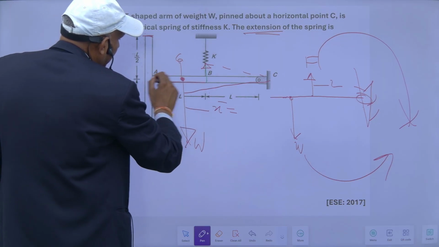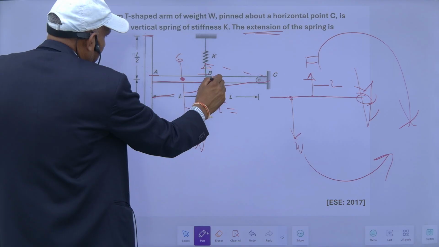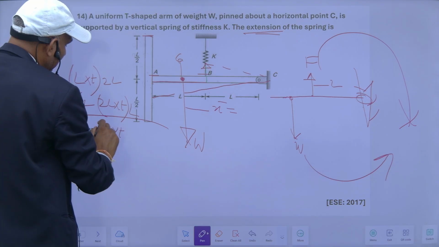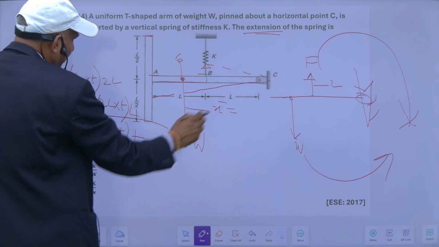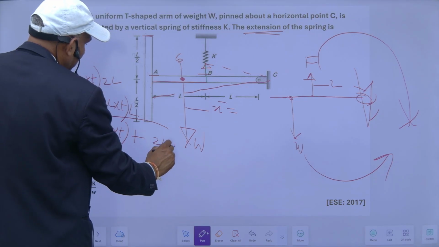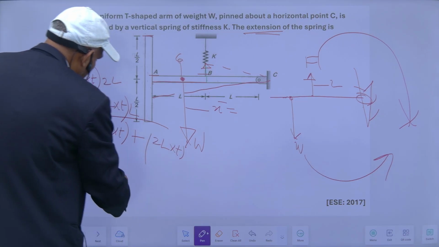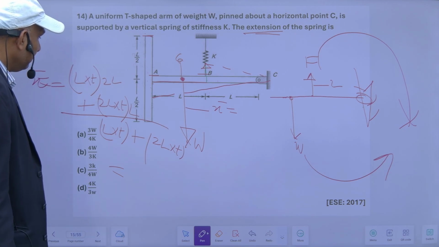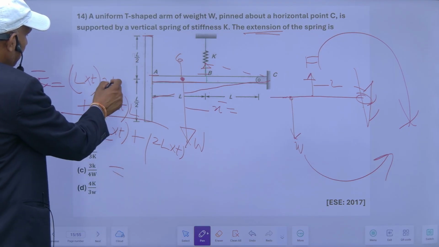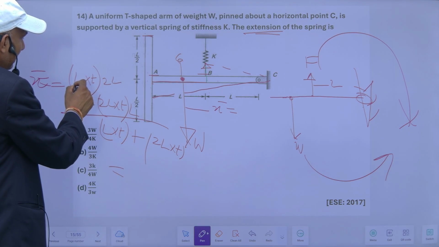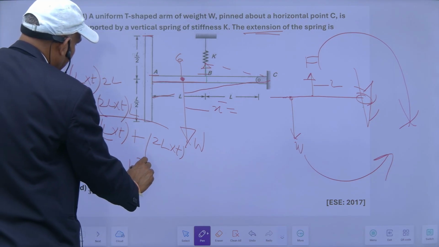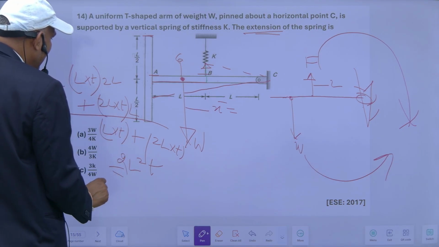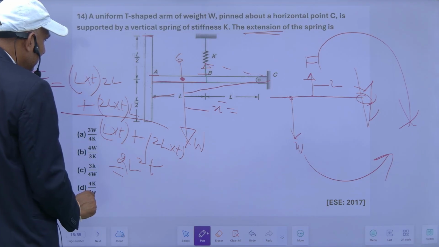So L upon the area of this one plus the area of this one. So it will become L square T. You can take 2L square T common.